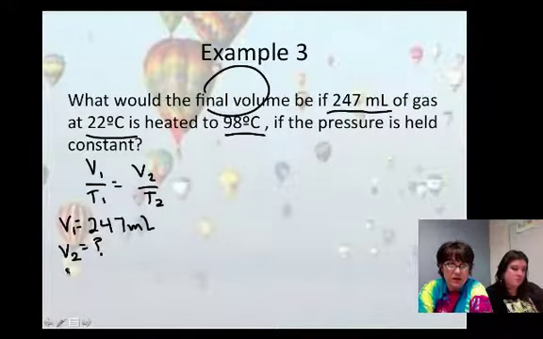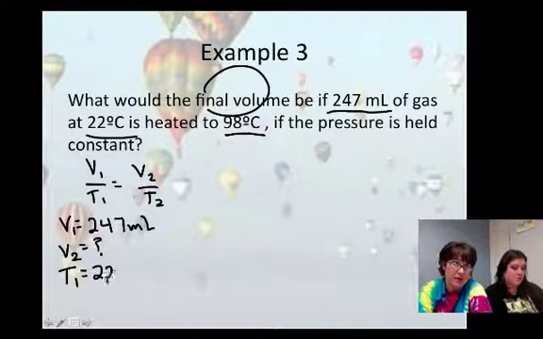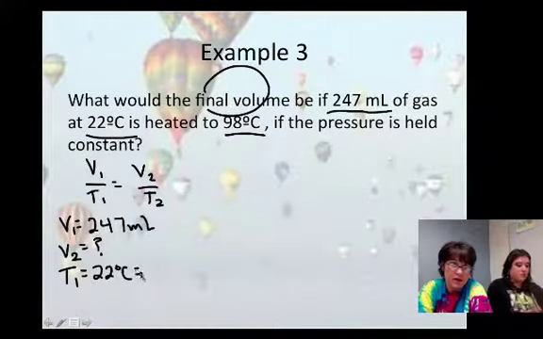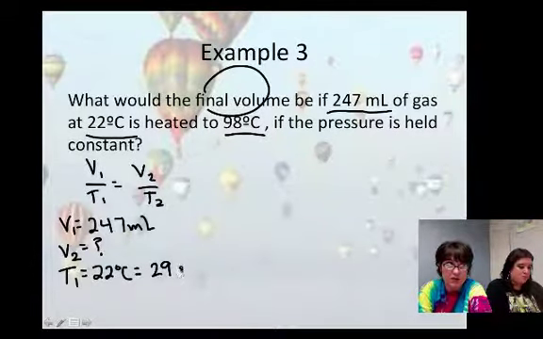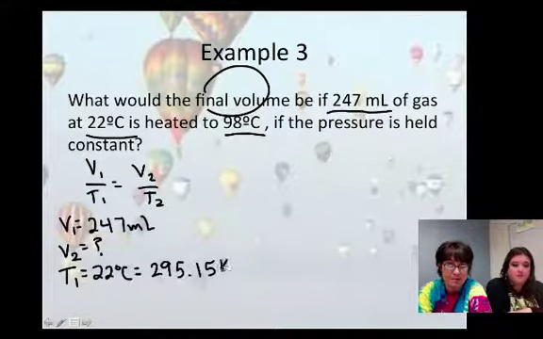And so then my first temperature, it says 22 degrees Celsius. We're not allowed to keep it that way. So we're going to add 273.15 and we get 295.15. Yes? Yes. Okay.